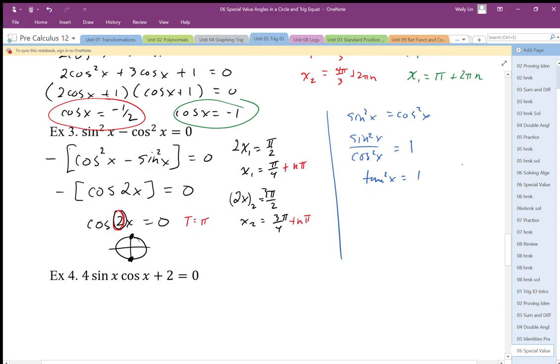Okay, so where's tan equal to 1? Tan squared is equal to 1 at plus minus 1. So those are the 4 positions I'm going to have. So x is equal to pi over 4, 3 pi over 4, 5 pi over 4, and 7 pi over 4. And there's going to be repetitions of every 45 or every 90 degrees. Well, these are all overlapping solutions with these ones here.